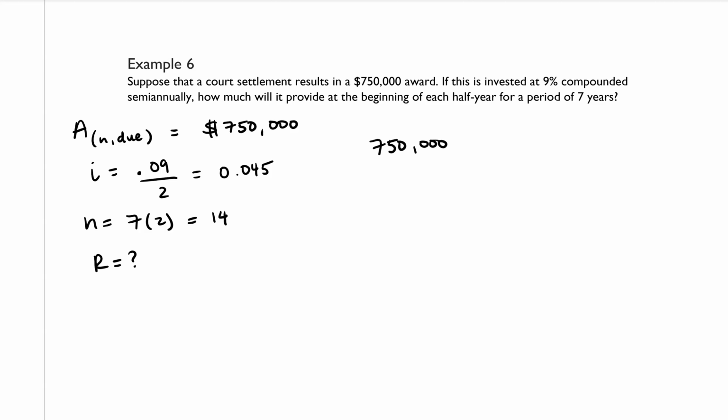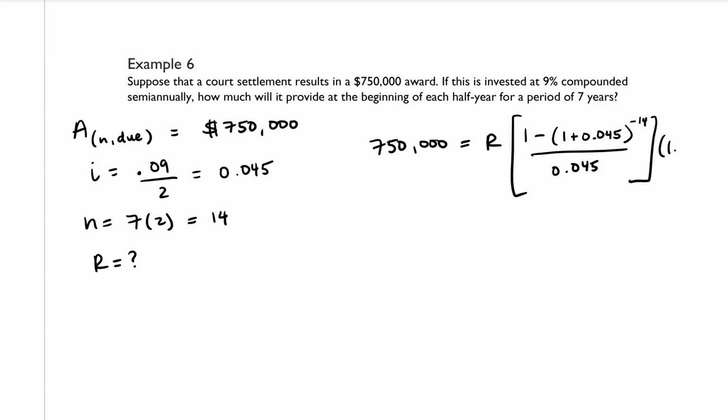So we get 750,000 equals R times 1 minus 1 plus 0.045 to the power of negative 14 over 0.045. And we're going to multiply all of that by 1.045.